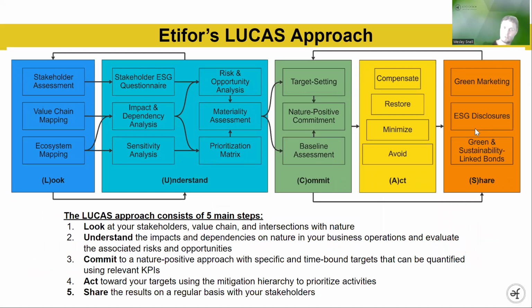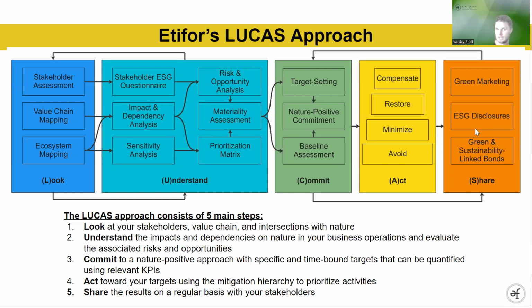So Etifor has developed what we call our Lucas approach for helping companies develop their nature positive journey. I'm not going to go through all of these different activities, but at a very high level, the Lucas approach is 5 main steps. First, you look at your stakeholders, at your supply chain, and where your business activities intersect with nature.